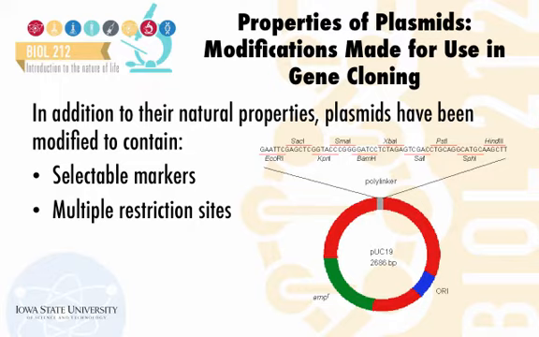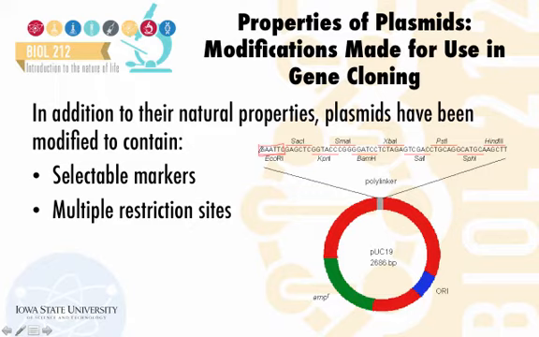An example of a restriction site is indicated in the image on the right. The sequence GAA-TTC is an example of a restriction site.